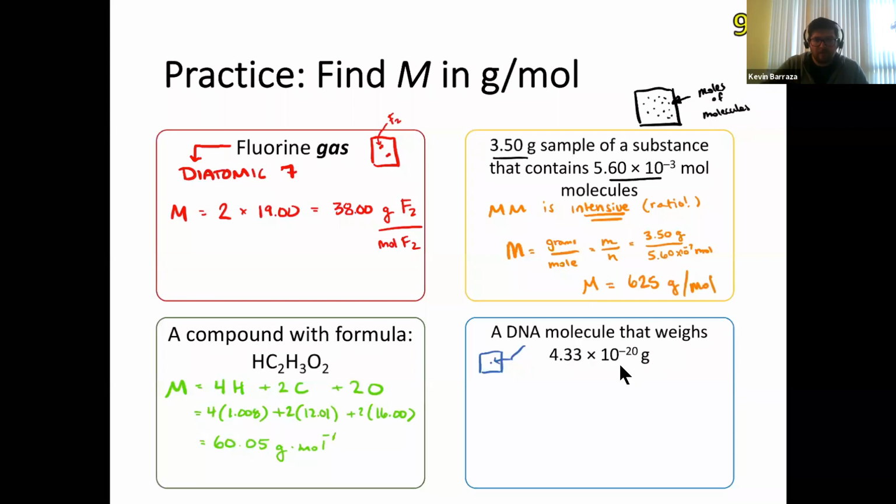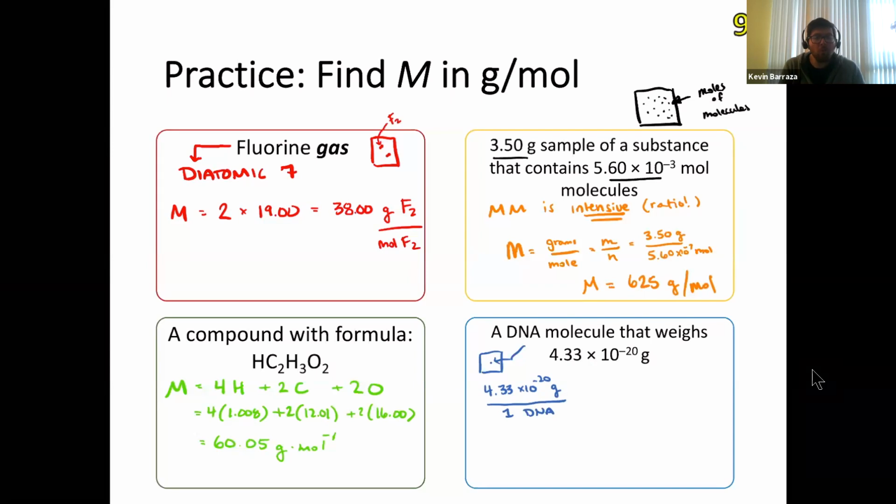So just to do it as a conversion factor, so it's a little bit more transparent, one DNA molecule is 4.33 times 10 to the minus 20 grams. So as a conversion, we can write it as 4.33 times 10 to the minus 20 grams per 1 DNA, right?